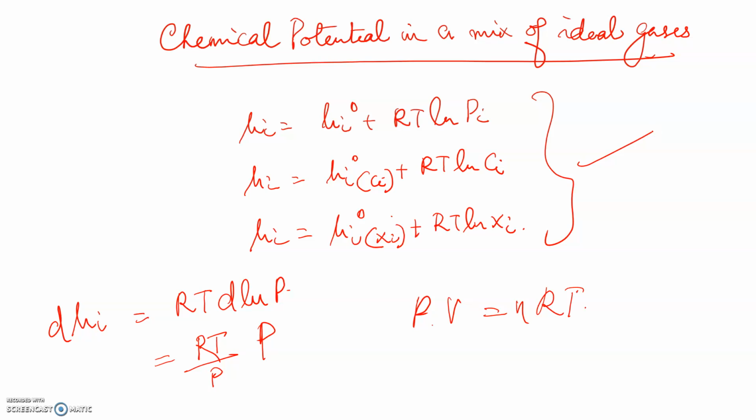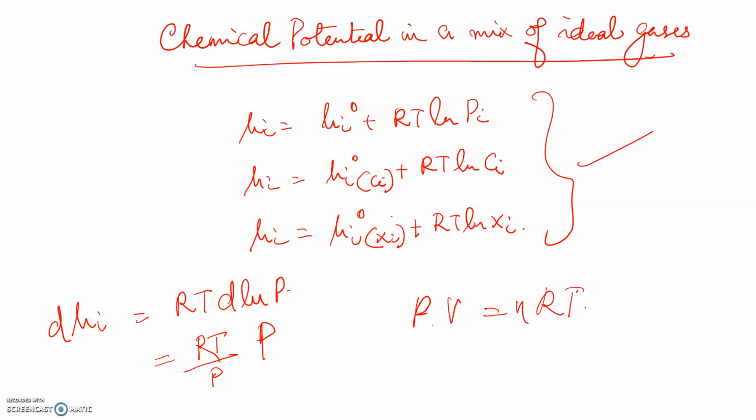Okay, now we cannot make this assumption. So in order to use these equations in the case of real gases, we have to make some corrections to the ideal gas equations.